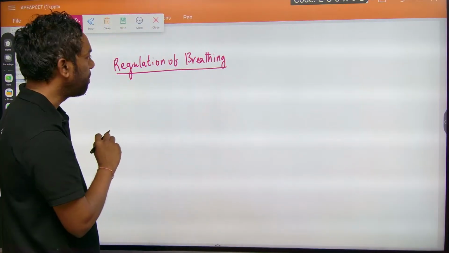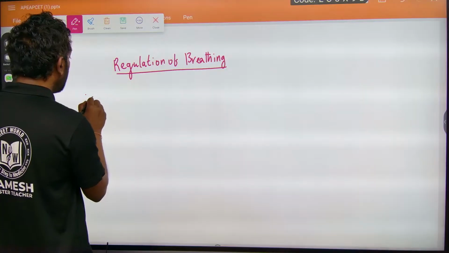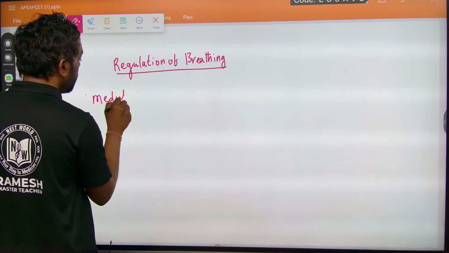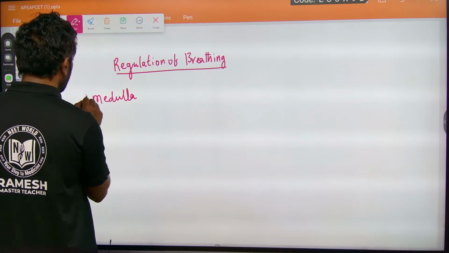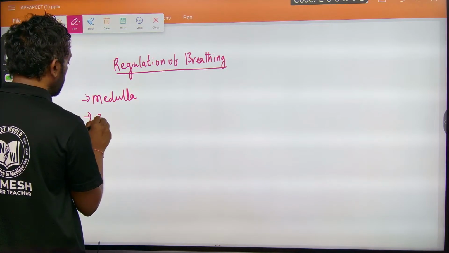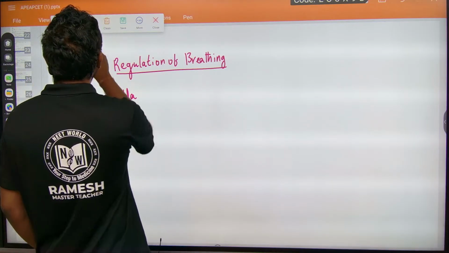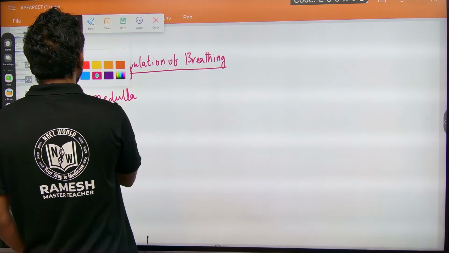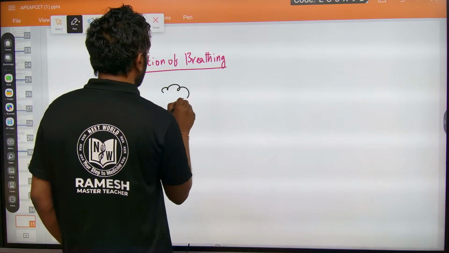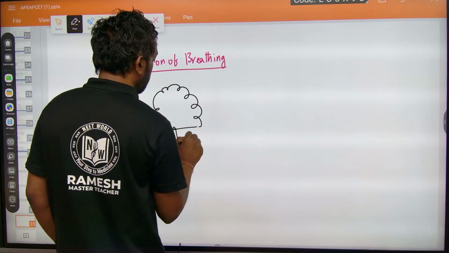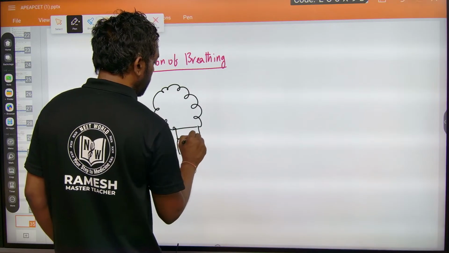Regulation of breathing takes place by the medulla and pons. Where are they located? In the hindbrain.